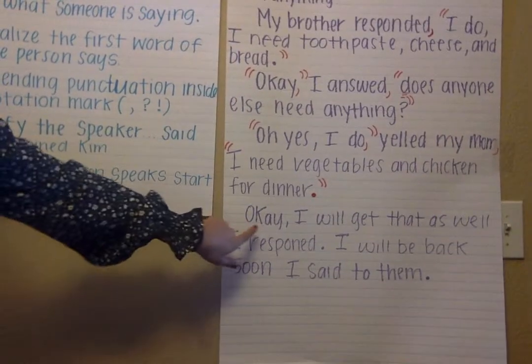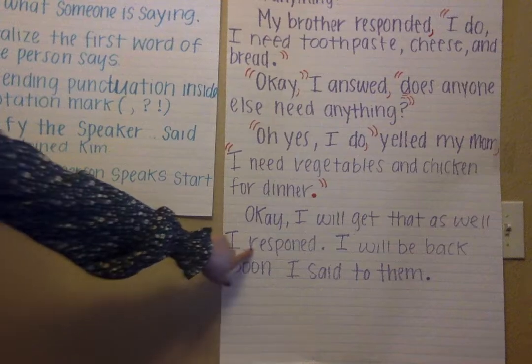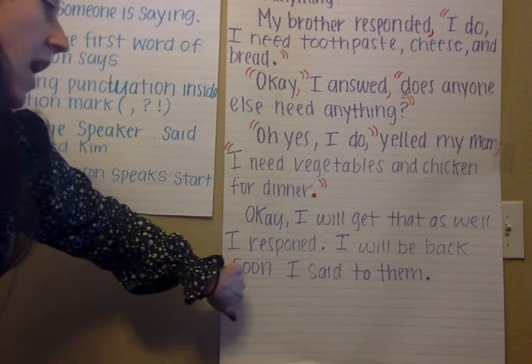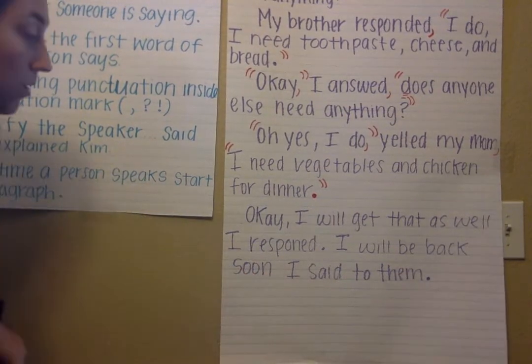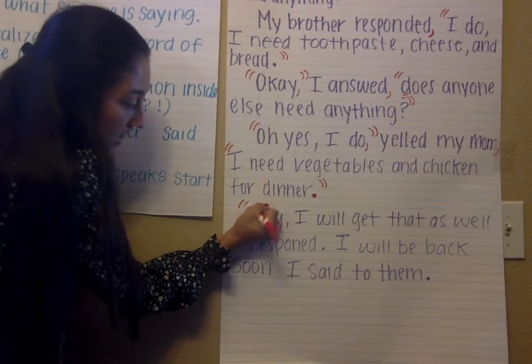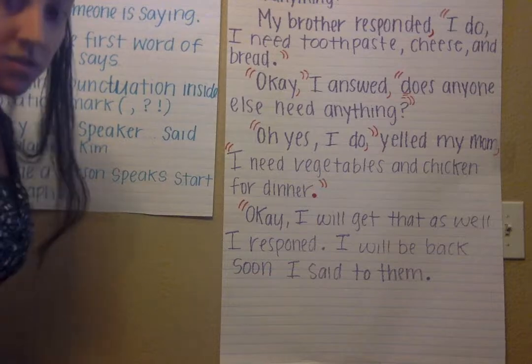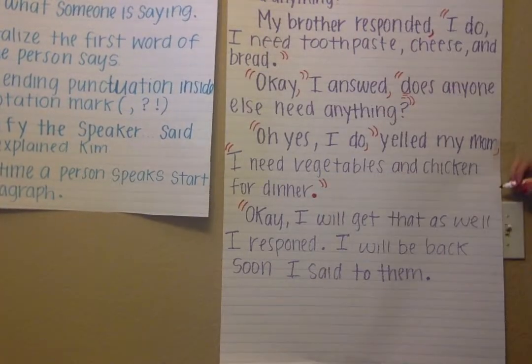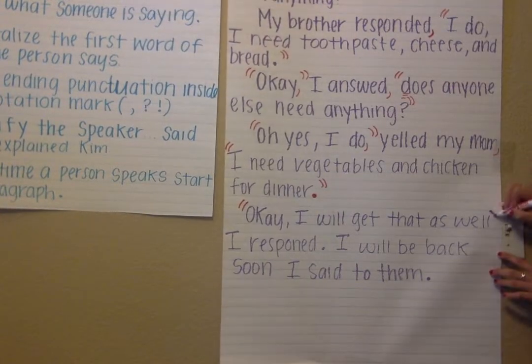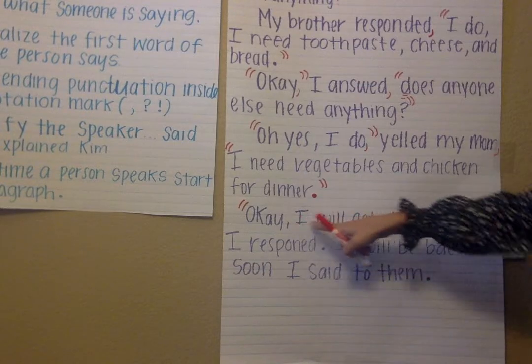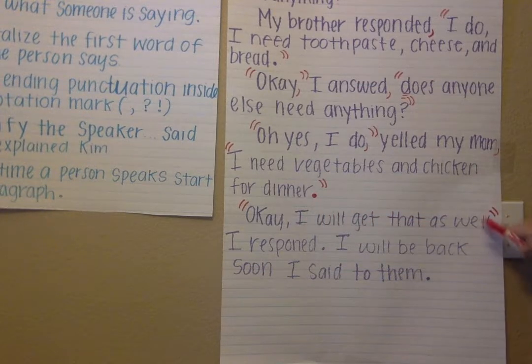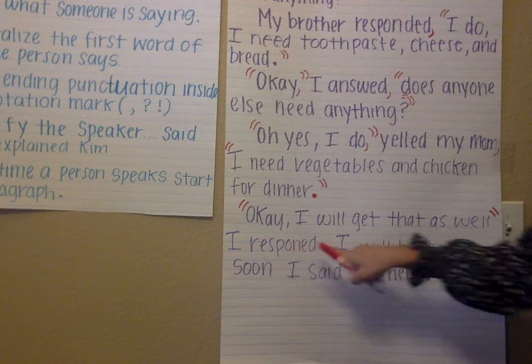"Okay, I will get that as well," I responded. "I will be back soon," I said to them. So, I said, okay, I will get them as well. Okay, so now I need to come over here and add another quote. "Okay, I will get that as well," quote, I responded.